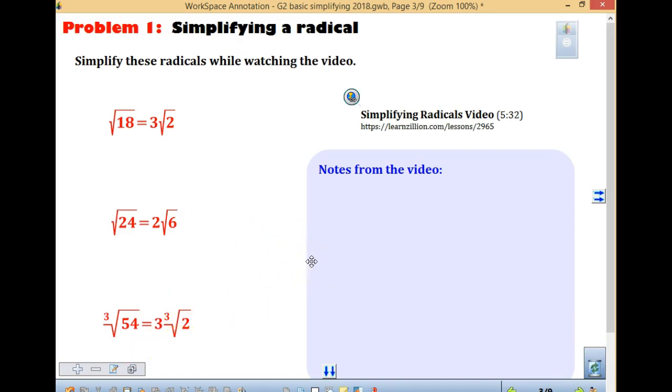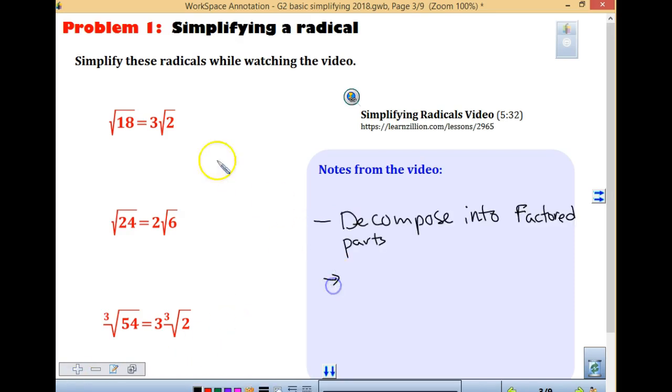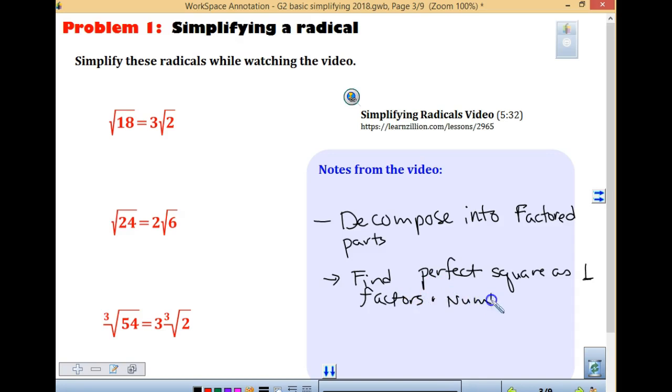We're always going to be factoring, but the hint is that when you're doing square roots, find one of your perfect squares as one factor, times another number.